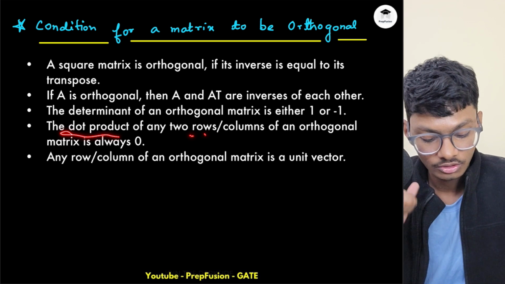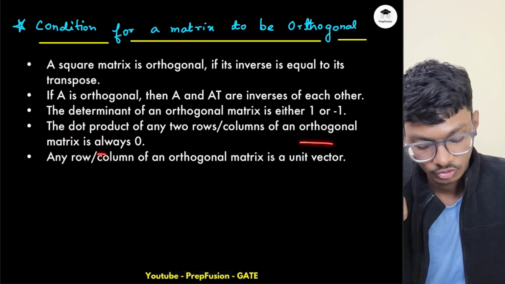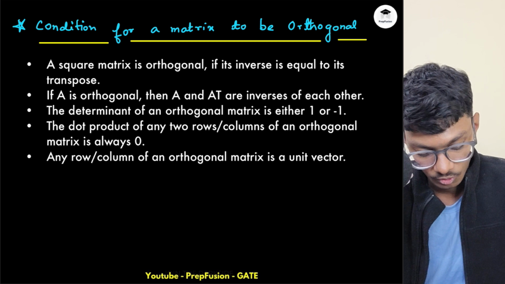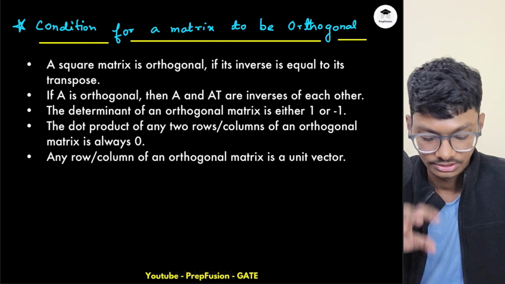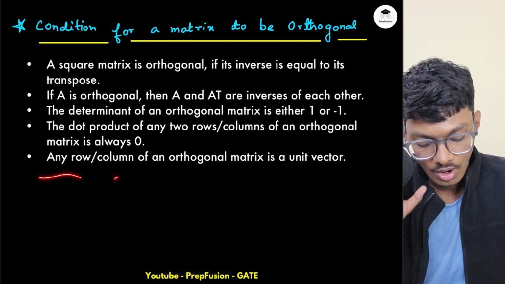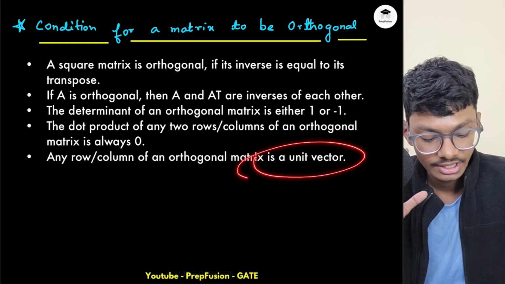Also, the dot product of any two rows of an orthogonal matrix is always 0. We understand this point. Again, any row or column of an orthogonal matrix is a unit vector.